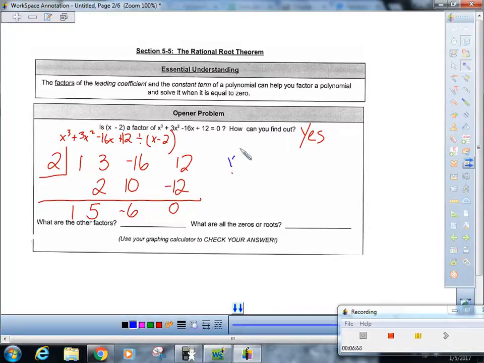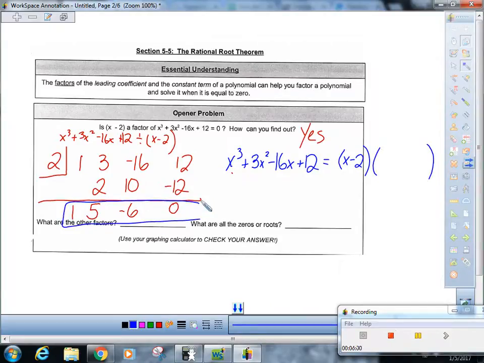X cubed plus 3x squared minus 16x plus 12 is the same thing. I'm not going to write 0. I'm going to rewrite it. It's the same thing as x minus 2 times, well, what did this thing represent? How could you write that as a polynomial? X squared? Excellent.